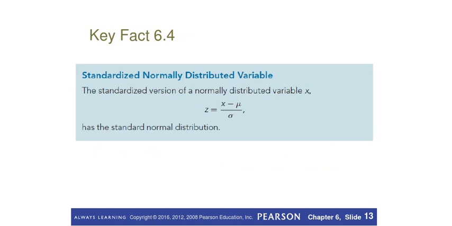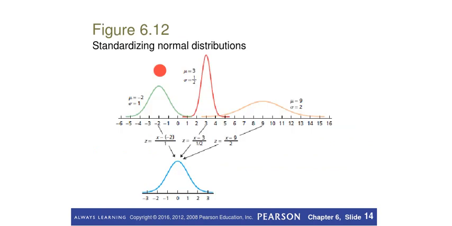And that has a variable that's equal to the z value we would see under a standard normal distribution. Why? Well, look at the different curves that we could have. We could have a mean at -2, or a mean at 9, or a mean at 3, right? And all of these normal curves, depending on our variable, might have different distributions, but they're all normal distributions.